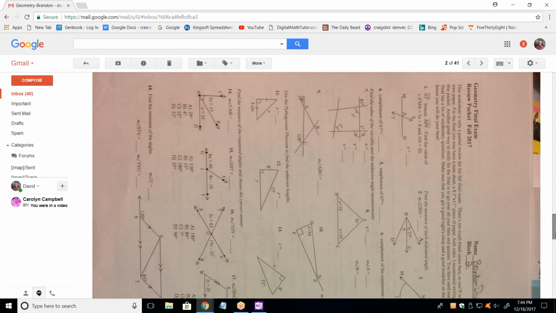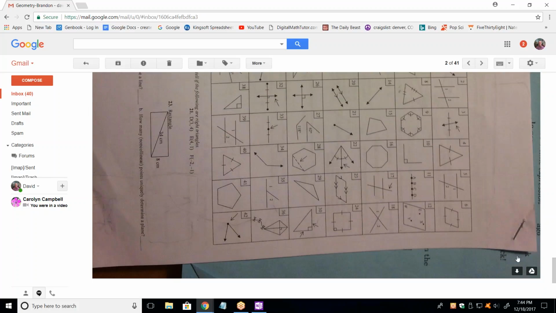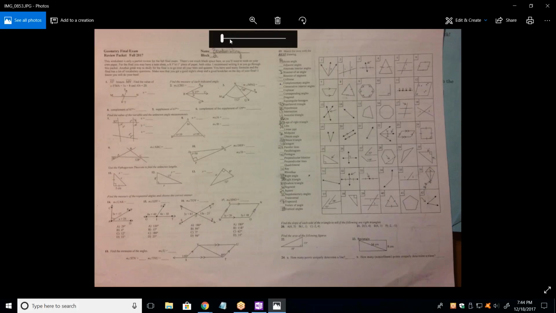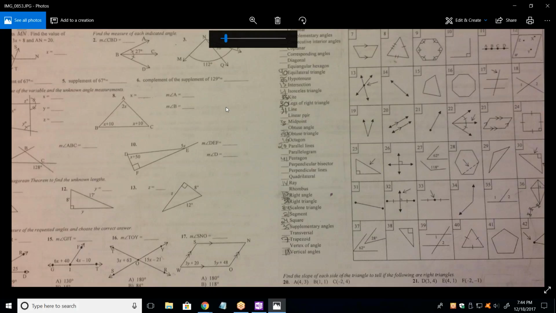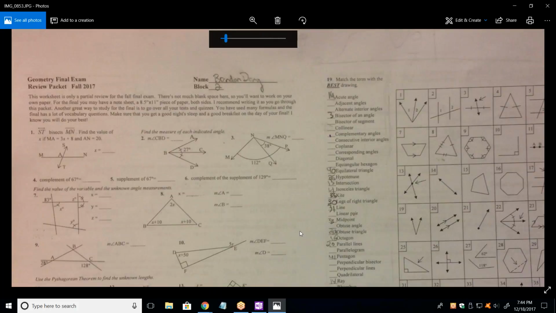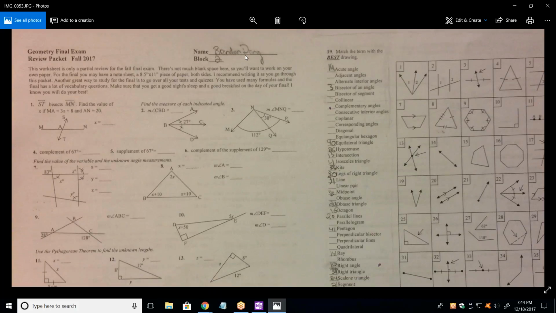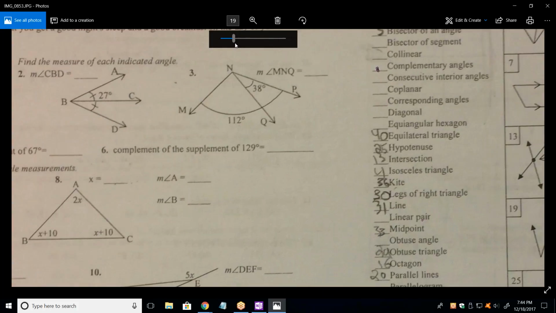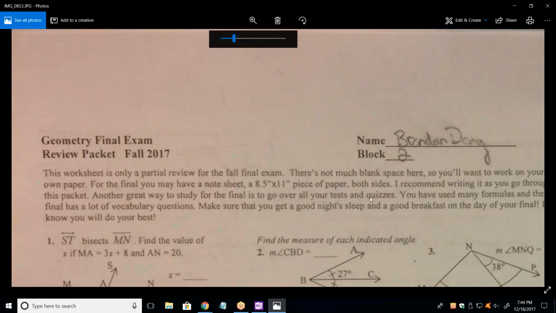I'm going to be able to download that file. Let me blow this up enough that I can read it, and then we can see these problems.